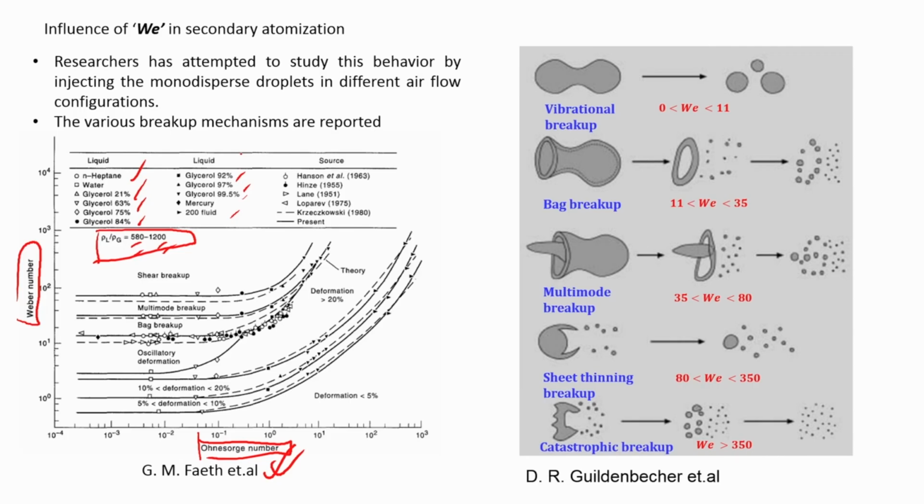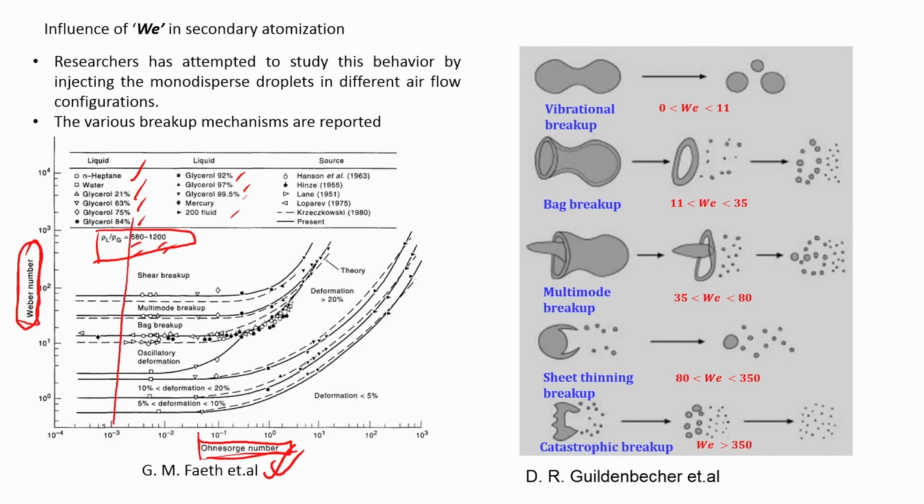Now, if you look at this Weber number versus Ohnesorge number space, there are several regimes available. For example, when you have a very low Ohnesorge number, in this zone, let me draw a line through it like that.